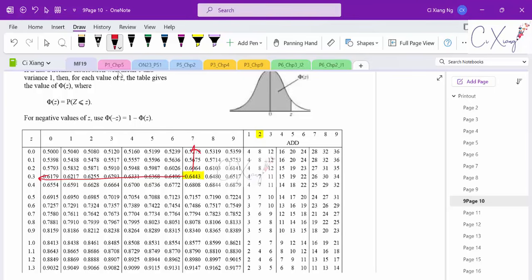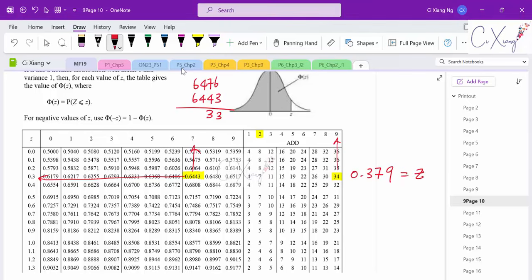Then to get 6476, how many units do you need to add? Take 6476 minus 6443, and you get 33. Is there any 33 at the back here? There's no 33, so I take the closest value, which is 34. So the last digit of the Z value will be 9, and your Z is 0.379.